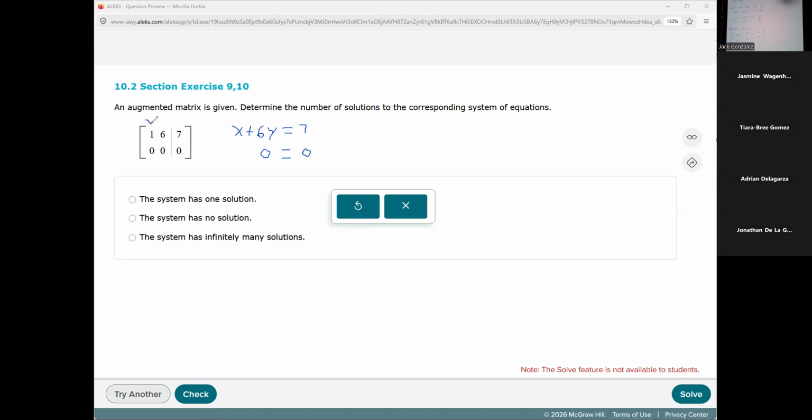This is the x and y column. When this happens, you get a true statement, meaning infinite solutions. So there's no unique solution, it's just infinite.